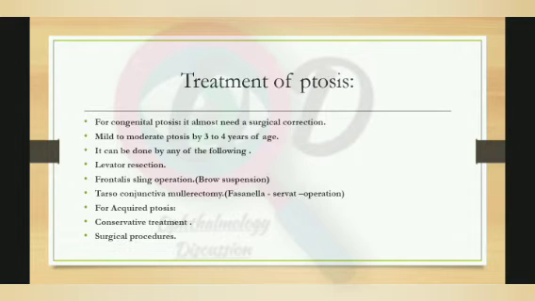The surgical methods involve levator resection, frontalis sling operation, that is brow suspension, tarsoconjunctivo-müllerectomy, and the Fasanella-Servat operation. For acquired ptosis, conservative treatment is there, and surgical procedures involve levator resection, frontalis sling operation, as well as tarsoconjunctivo-müllerectomy.